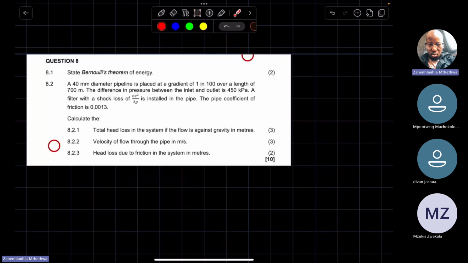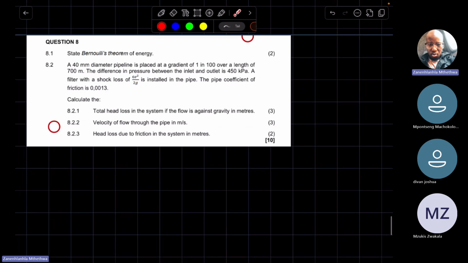Question 8.1: state Bernoulli's theorem of energy. You can do that on your own.